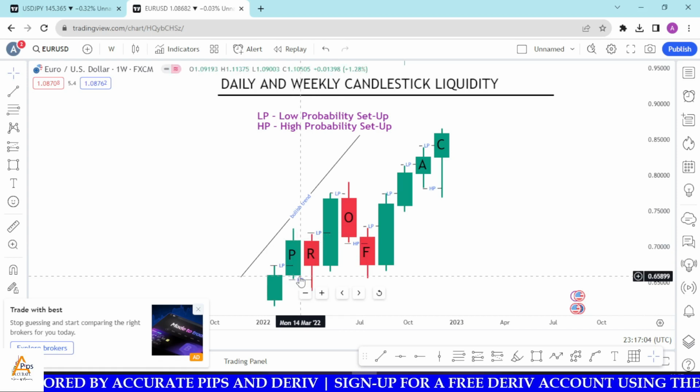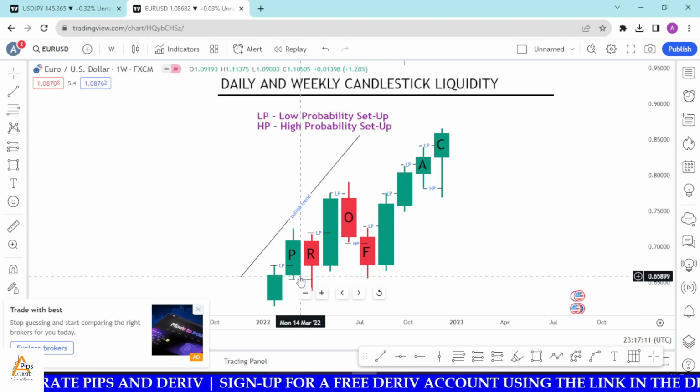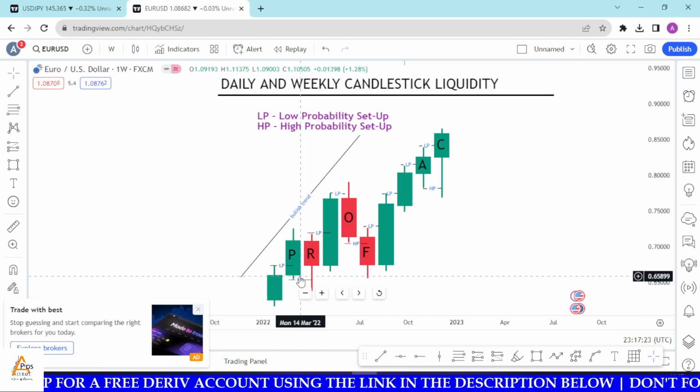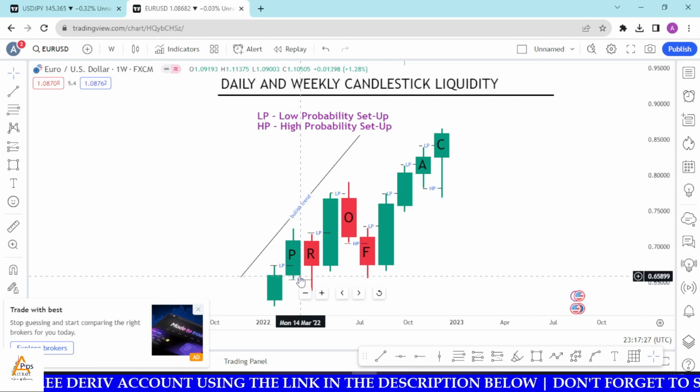So if the market breaks the previous day's candlestick low in a bullish trend, then you look for a lower time frame entry confirmation and take a long-term buy. Please, I hope we are following the concept. Now always look for confirmation on the lower time frame, either a CHoCH, that is change of character.